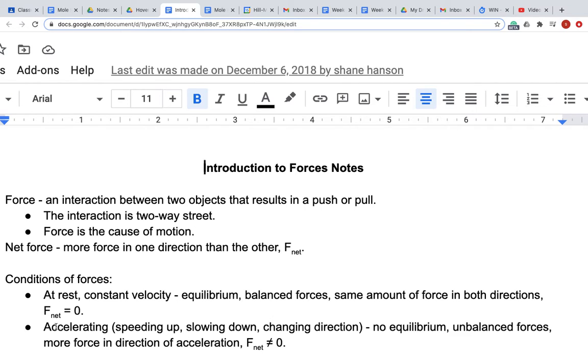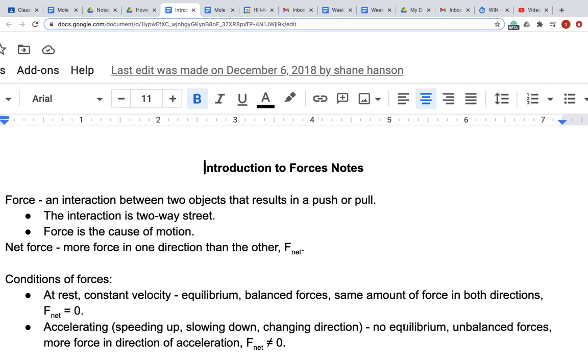The other condition of forces is accelerating. That means you're either speeding up, slowing down, or changing directions. What this means for forces is there's no equilibrium. When you think of equilibrium, think of just kind of staying the same. It's relaxing, you're almost meditating. But when you're not in equilibrium, it's chaotic.